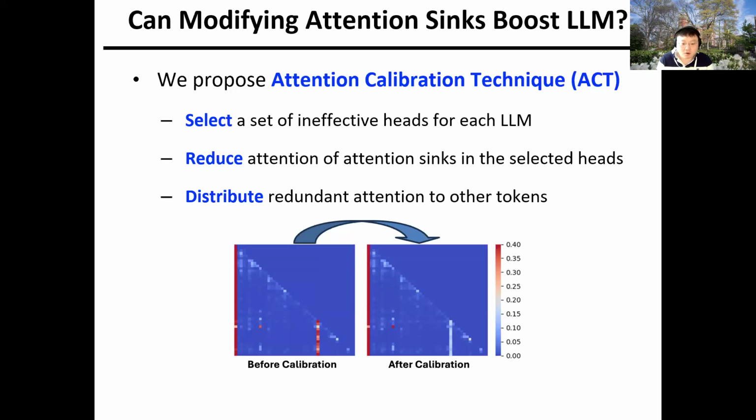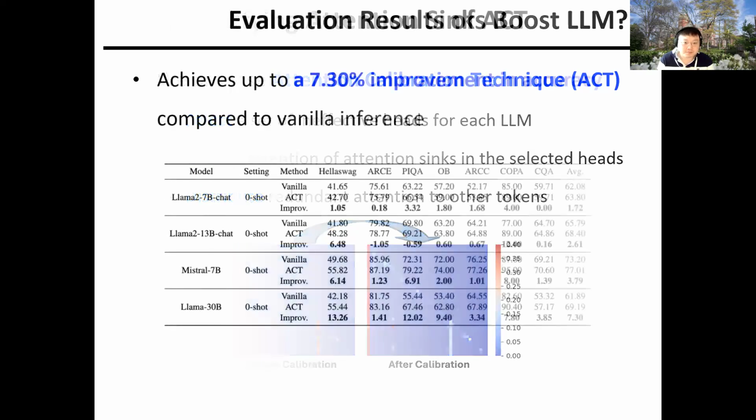As shown in the figure below, the left part is the attention map before attention calibration, and the right part is the attention map after calibration. This develops a training-free, on-the-fly technique to calibrate the attention and aims to improve the performance of large language models during inference on the fly.